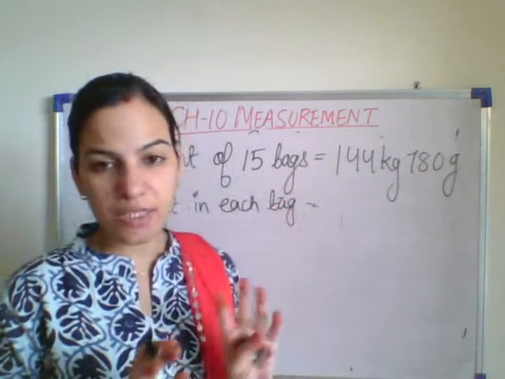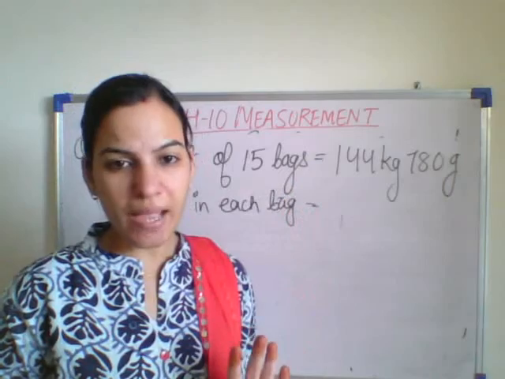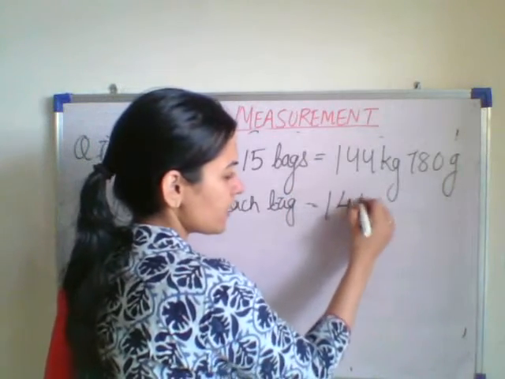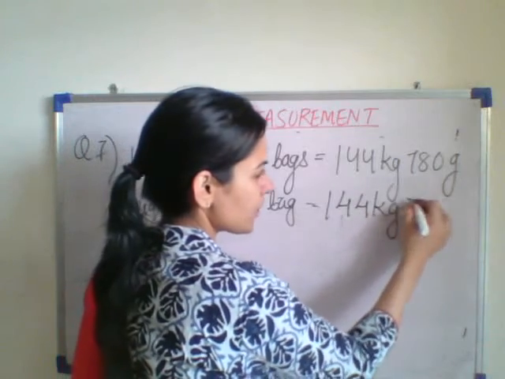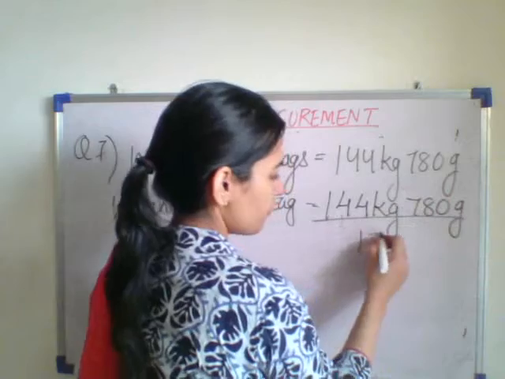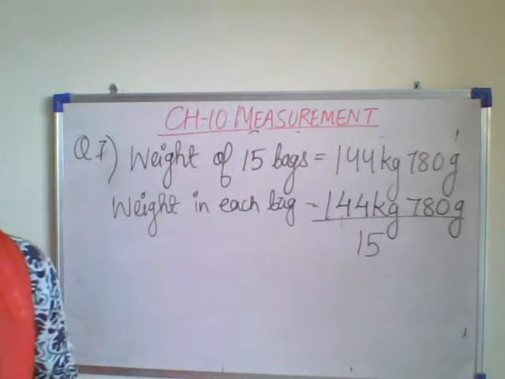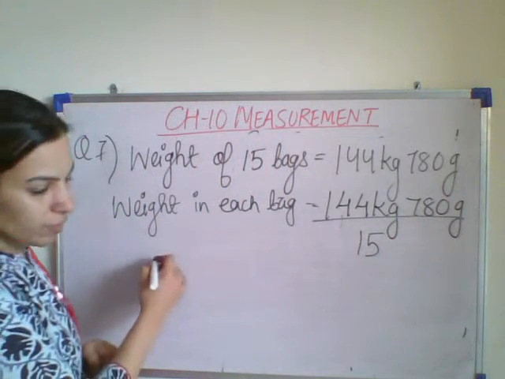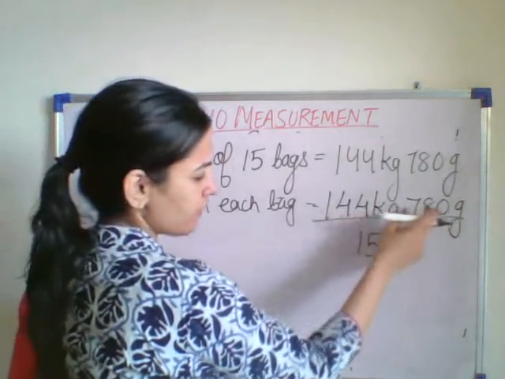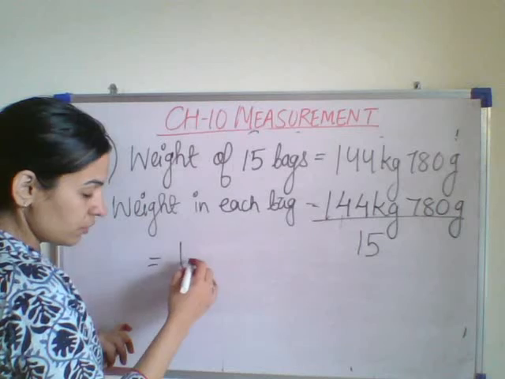The wheat, it is equally distributed in the 15 bag. So how we will be finding? We will be dividing 144 kg 780 grams with the 15. So before dividing this, we could write 144 kg 780 grams into kg.